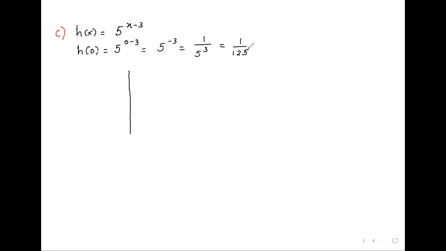So then we sketch. The family is the same. This is the family because a is 0 there. So we maintain the x-axis as the asymptote. What has changed is the intercept. We have 1 over 125. The other things we don't care about. So the asymptote is the x-axis because a is 0 in this case.